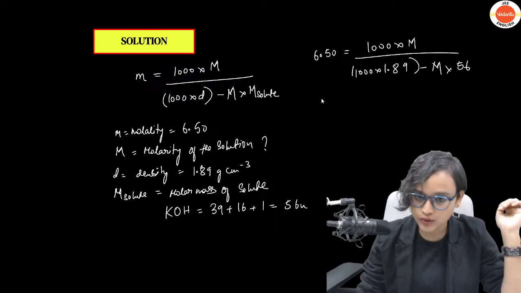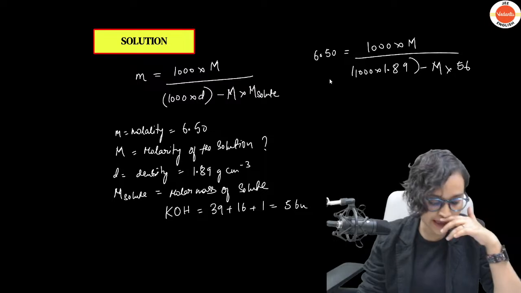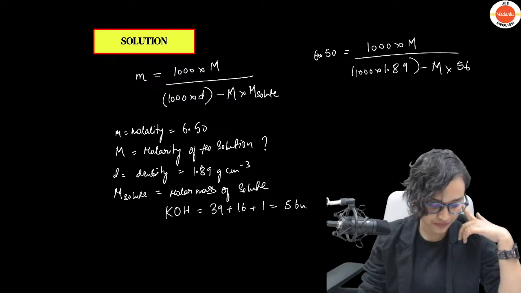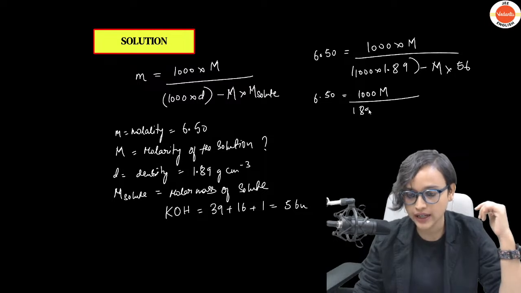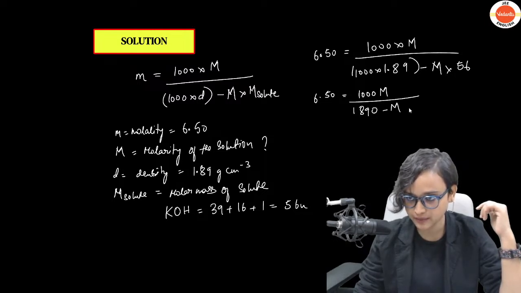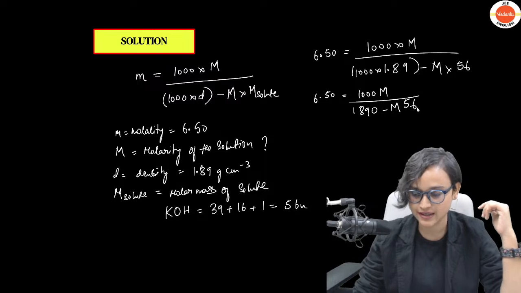Now let's do this. This 1890 it will be, right? So 6.50 is equal to 1000 M divided by 1890 minus M, times 56. Correct?